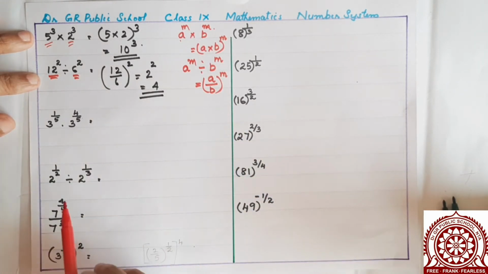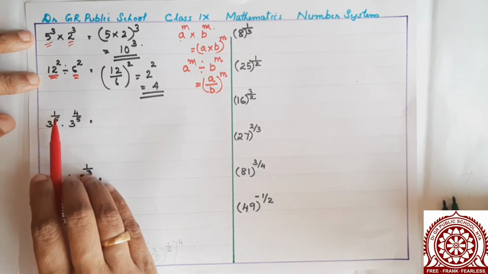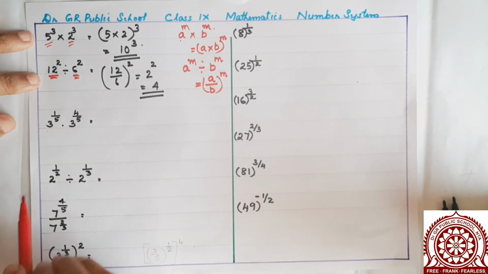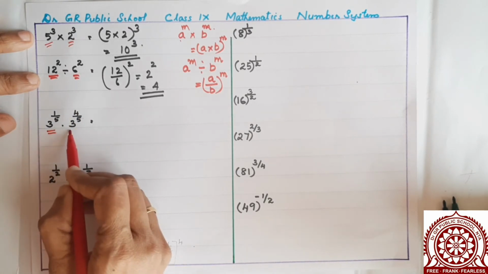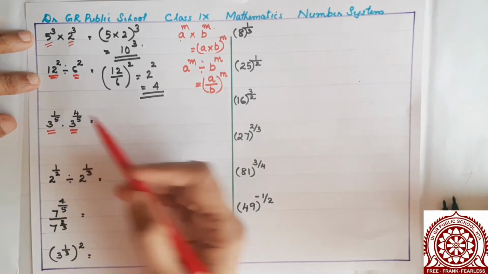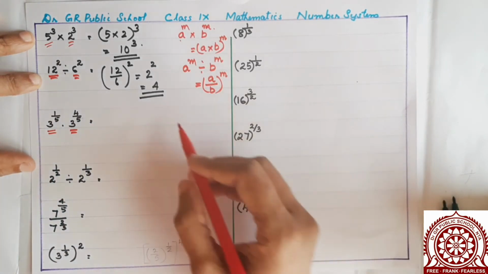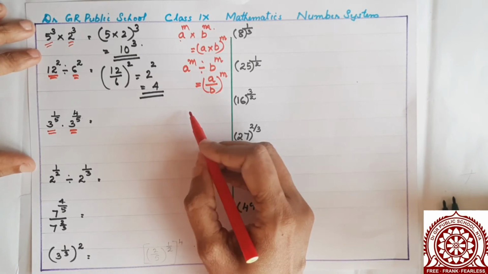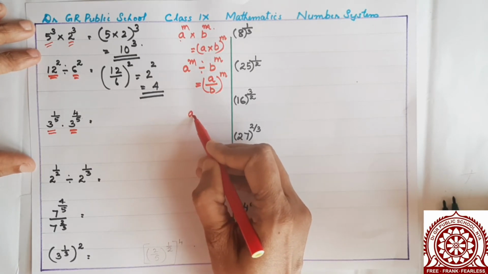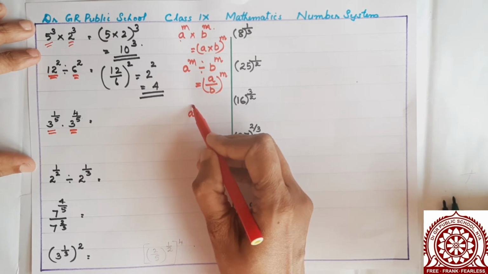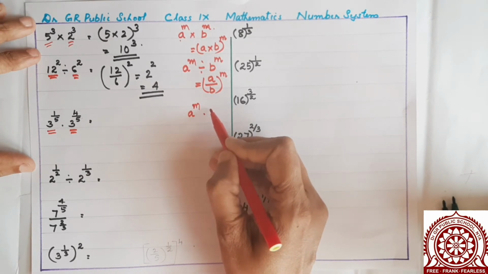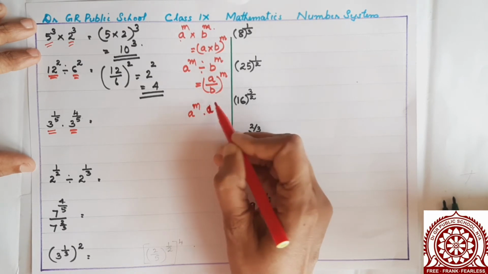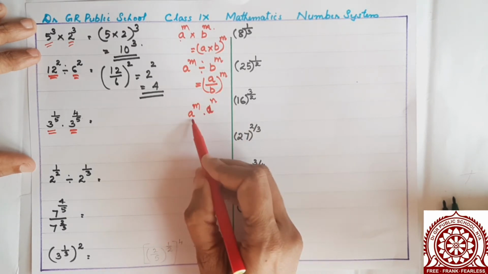Now come to next question. 3 raised to 1 by 5 multiplied by 3 raised to 4 by 5. Here bases are same but different powers, isn't it? So which law of exponent can be applied? A raised to M multiplied by A raised to N. Bases same.